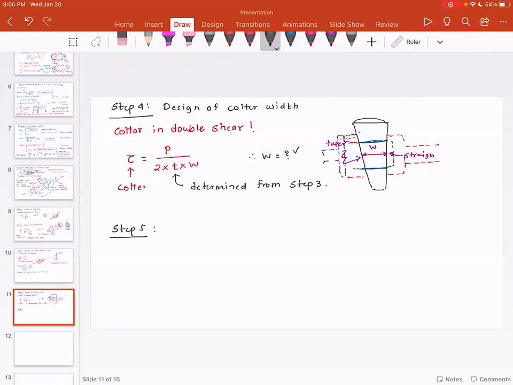And in step 5, we are going to find out the design of spigot extension. Now, to show you what spigot extension is, I need to draw a figure. So let me show you how it looks.